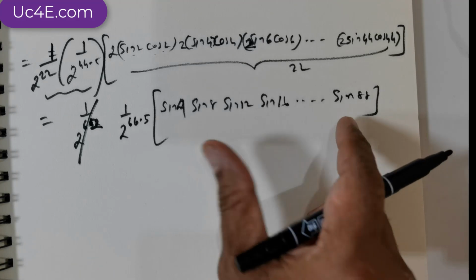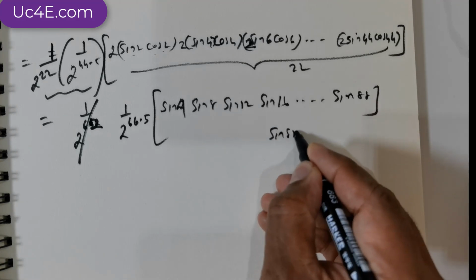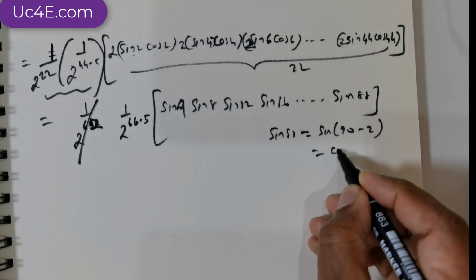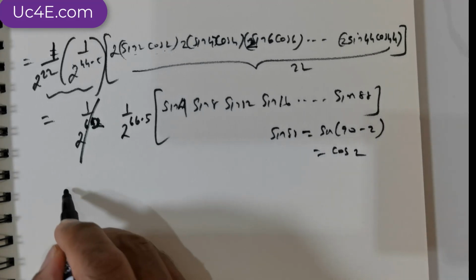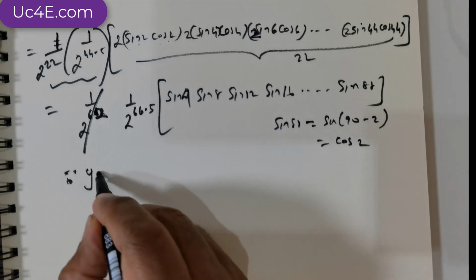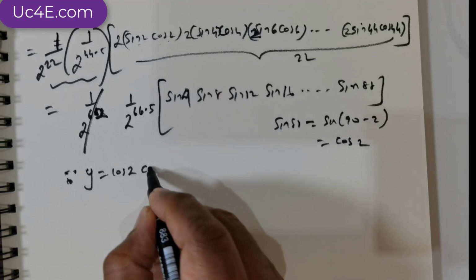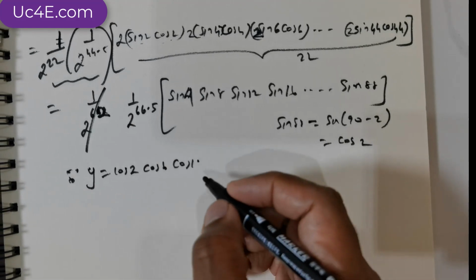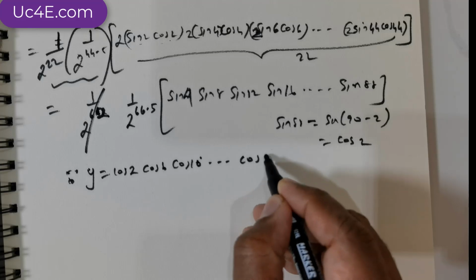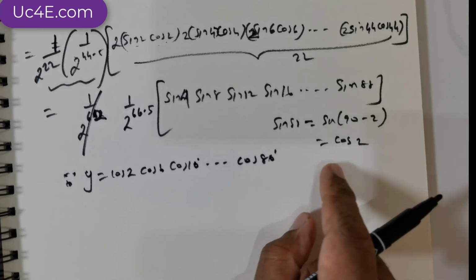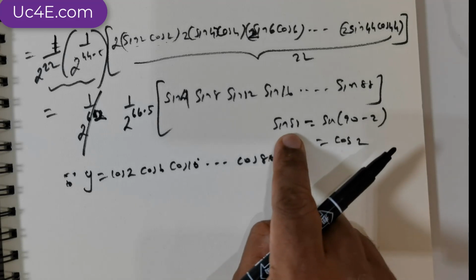If I were to write sine 88 as sine of 90 minus 2, this is going to be cos 2. But if you see the value of y given, y is given to be cos 2, cos 6, cos 10, and so on up to cos 86 degrees. Now cos 2 is obtained here from the last term.